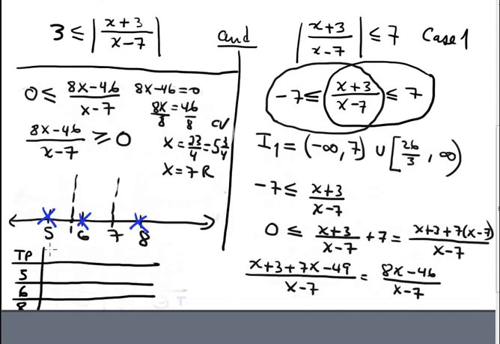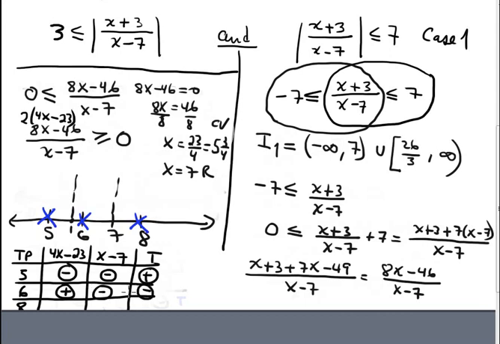One factor is 4x minus 23. Okay, this is a common factor. Factor 1 here is 4x minus 23, and the other factor is x minus 7, and the total. The signs: minus, plus, minus, plus.